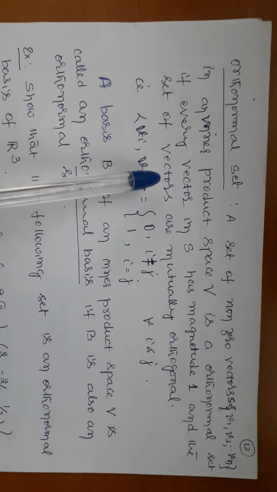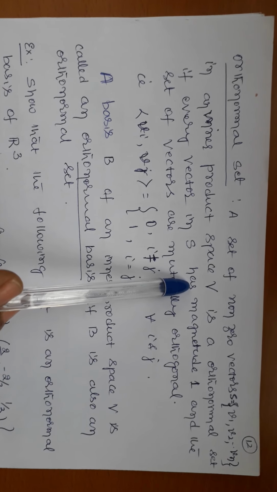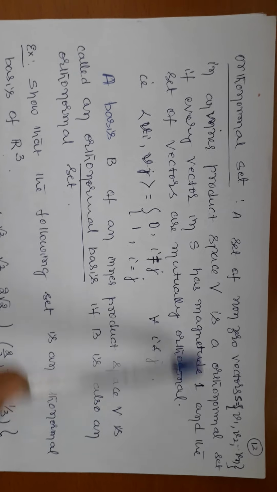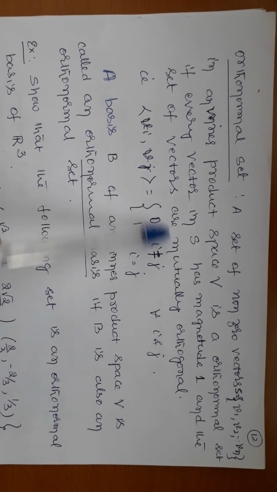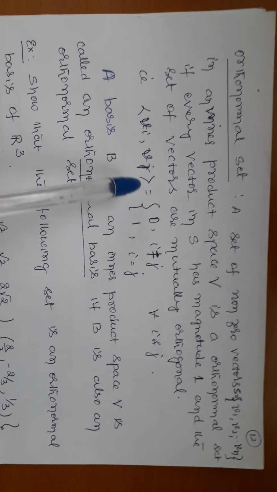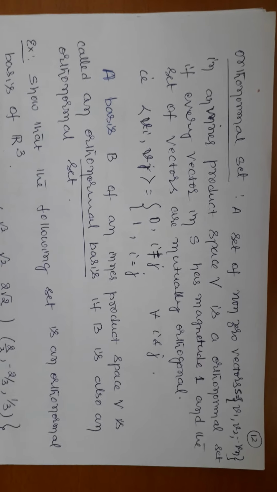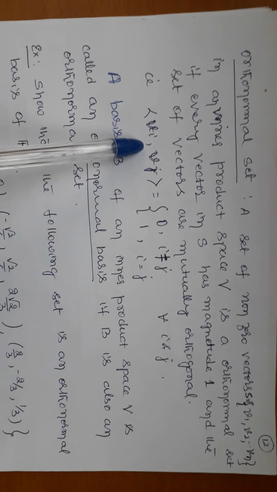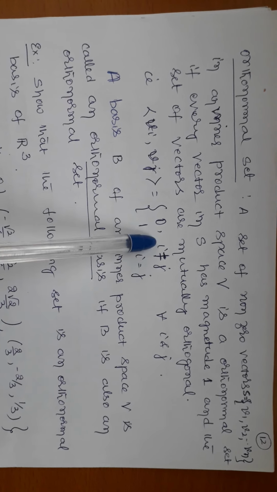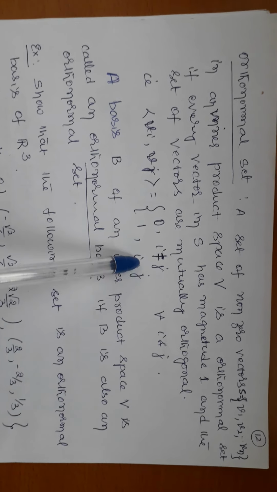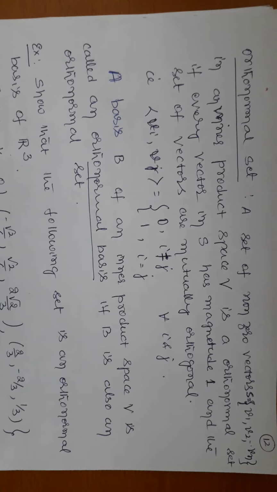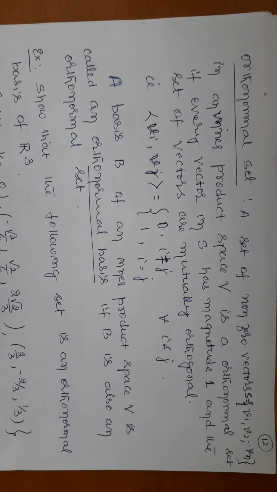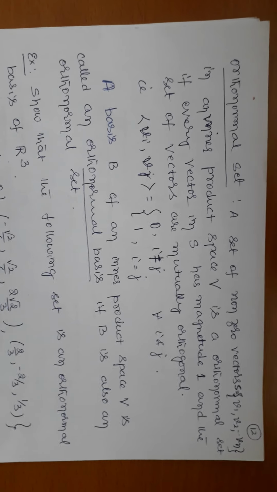That means the length of each vector in S must be 1 and the inner product of the mutual vectors must be 0. Combining these two conditions, the inner product of vi comma vj is 0 for i not equal to j, and equal to 1 for i equal to j, for every i and j. Then we say that it is an orthonormal set.